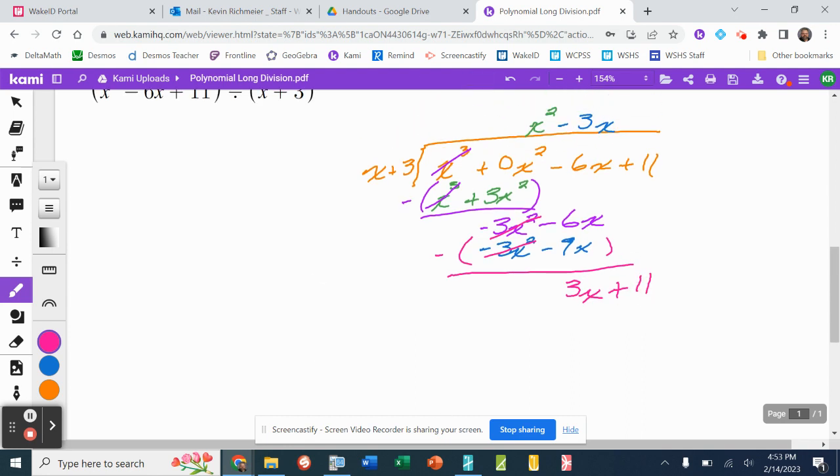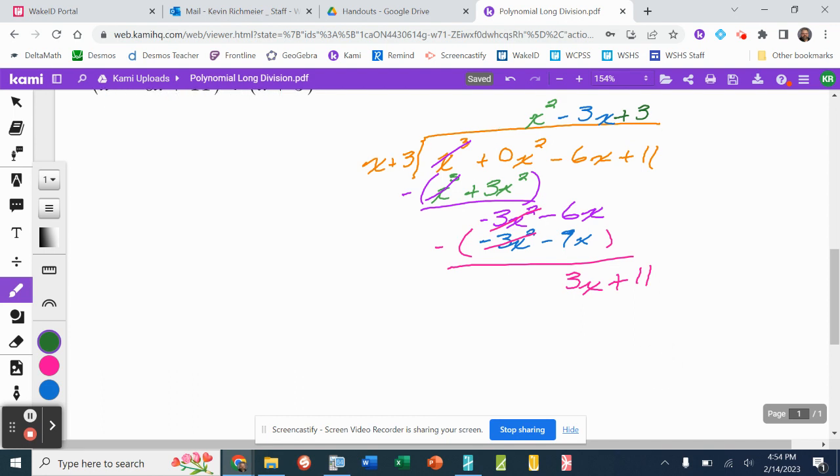And so now I have to look at my long division and say, okay, what do I need to multiply the leading term of my divisor by, that's the x, to make it look like 3x? And the answer here is I need to multiply it by 3. So I'm going to add a plus 3 to my quotient, and notice it lines up with the constant of my dividend.